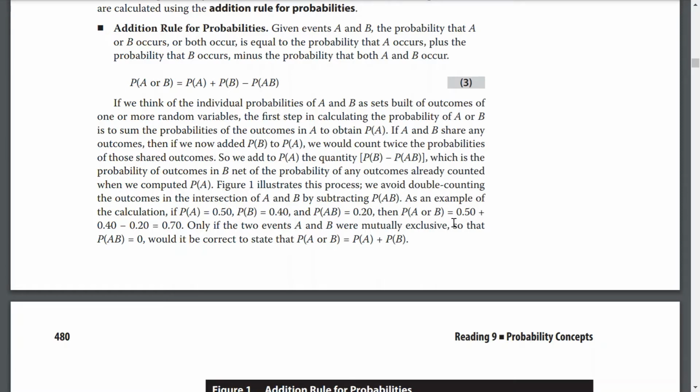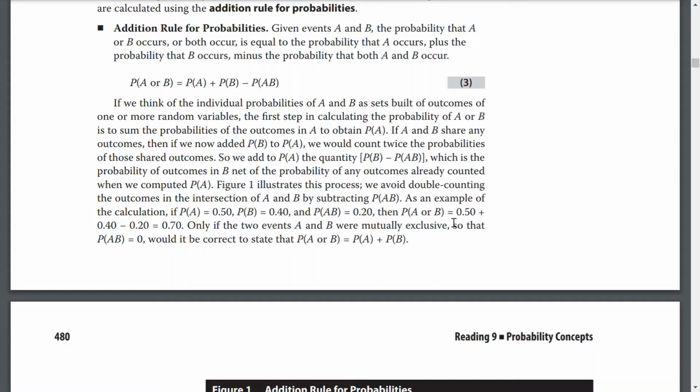So we add probability A and the quantity probability B minus probability A and B, which is the probability of outcomes in B net of the probability of any outcomes already counted when we computed the probability of A. Figure 1 illustrates the process. We avoid double counting the outcomes in the intersection of A and B by subtracting probability A and B.